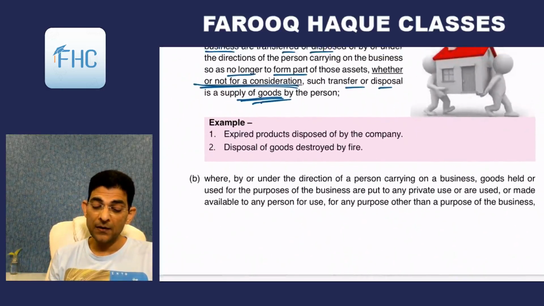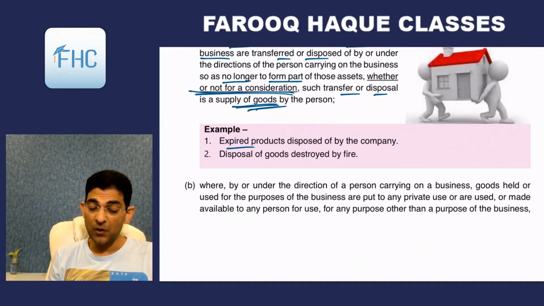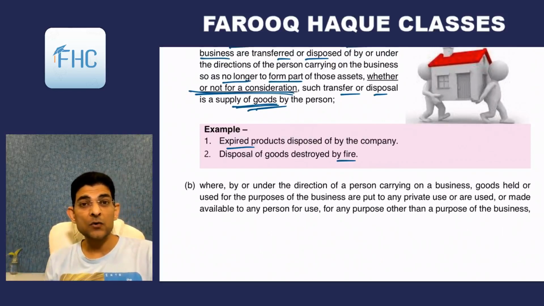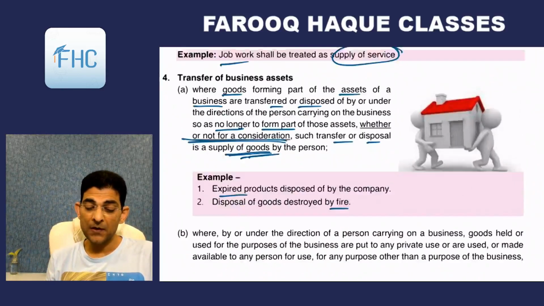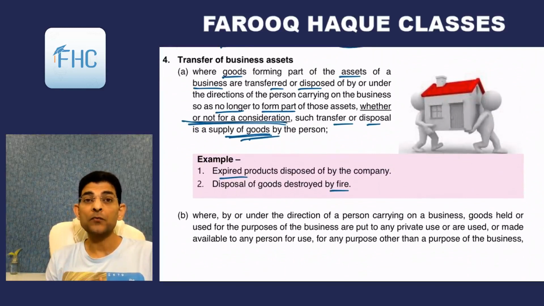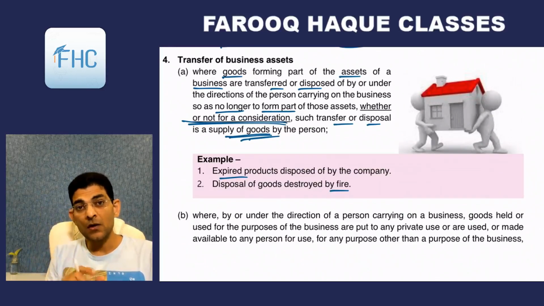Okay, like expired products disposed of by the company, or disposal of goods destroyed by fire. So fire has damaged the goods and we are now disposing of those damaged goods. All these examples. So as no longer to form part of those assets, means it will result in depletion of assets. Then that depletion will be called as supply of goods.